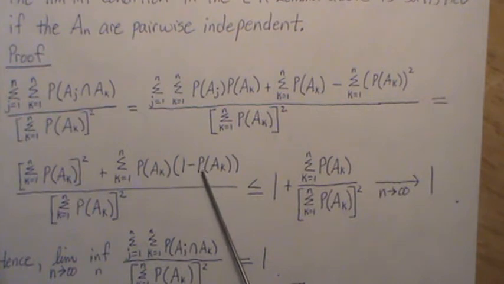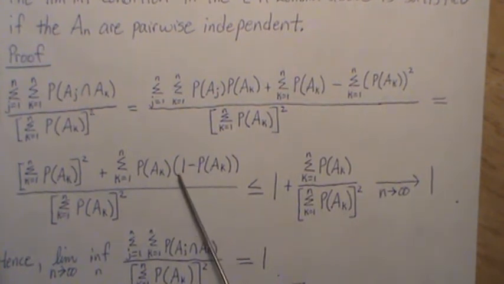Now notice that probabilities are between 0 and 1, so this quantity here is always between 0 and 1, and when you multiply by a number between 0 and 1, it gets smaller. So if we just take this off, then the sum gets bigger, and that's what we do here.